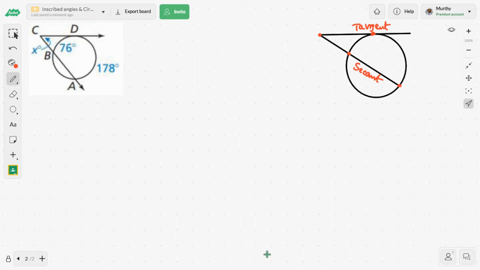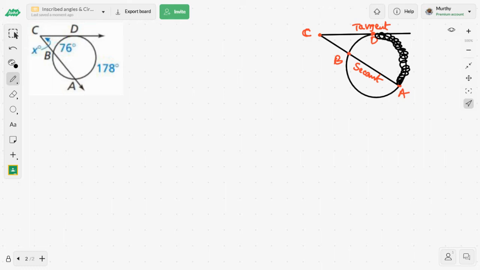I am taking the same diagram which is given in the question. So point C is here, and here point D, and next point B is here, and next point A is here. Okay, so one simple rule to keep in mind is that there are two arcs formed between the legs of the angle.